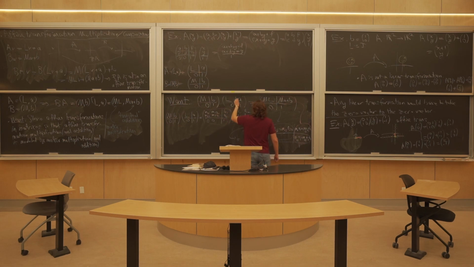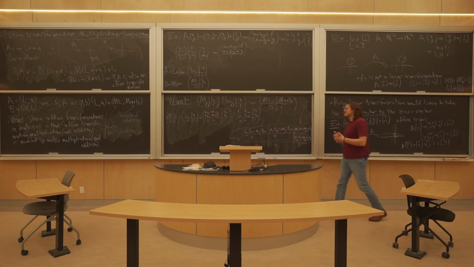First column, second column. This by this plus this by this gives me ML. This by this plus this by this gives me MA plus B. This by this plus this by this gives me 0. This by this gives me 1. Okay?